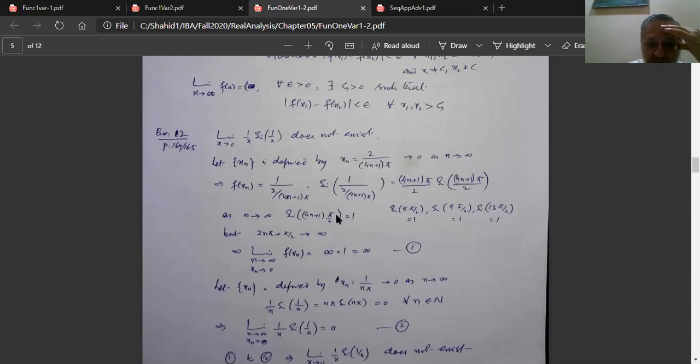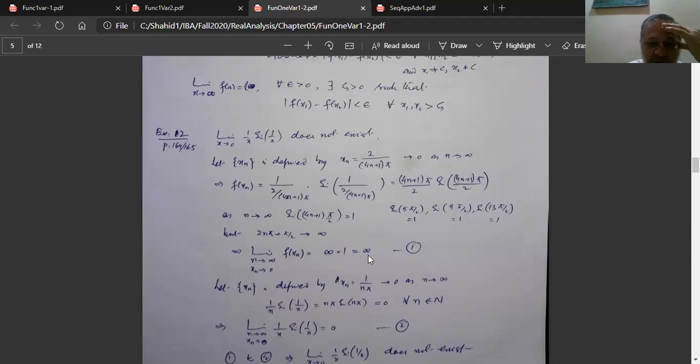So the sine sequence that is formed, every term of it is 1. So as n approaches infinity, this will remain 1. So when you apply n approaches infinity on the sine function, that limit will be 1. Whereas the sequence outside the sine, as n approaches infinity, goes to infinity.